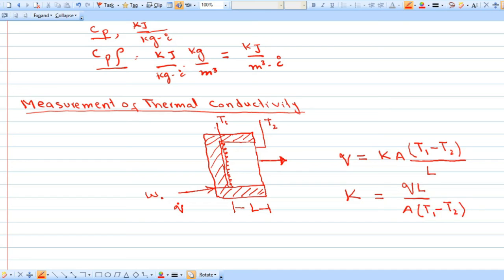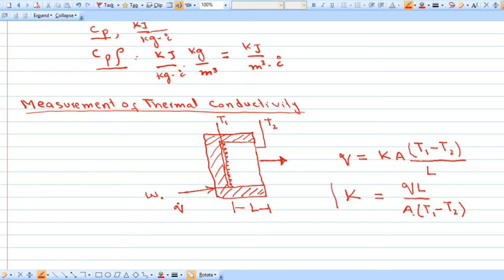When steady state is reached, meaning T1 and T2 are constant, both faces of the sample are at constant temperature and both faces are isothermal, then we will calculate the thermal conductivity using T1 and T2.